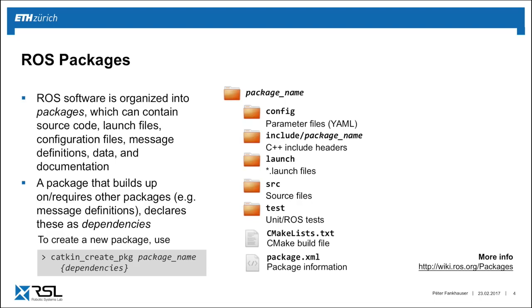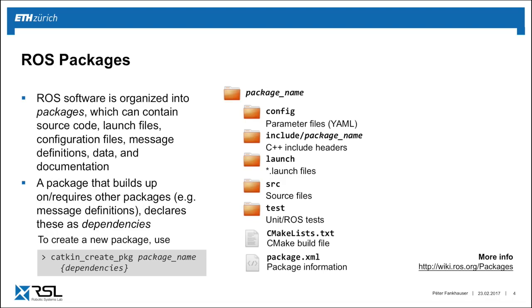And then for a C++ package, you would have an include folder with the package name for the C++ include headers. If you have launch files, and you create some of those in the exercise, you would have a launch folder, and a source folder for the C++ source files. And then, for example, if you have unit tests or ROS integration tests, you would put them in the test folder.